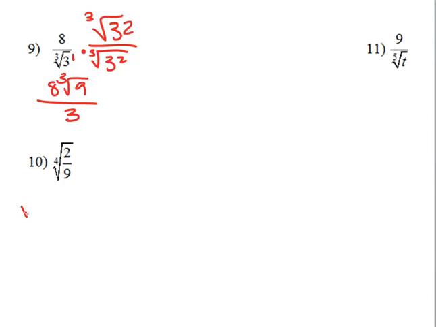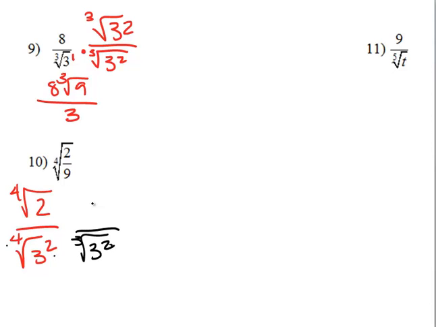Here I have the 4th root of 2 over the 4th root of, do your simplifying, that's 3 squared. So I'm going to multiply that by the 4th root of 3 squared, because 2 plus 2 makes 4. Same on the top, the 4th root of 3 squared.